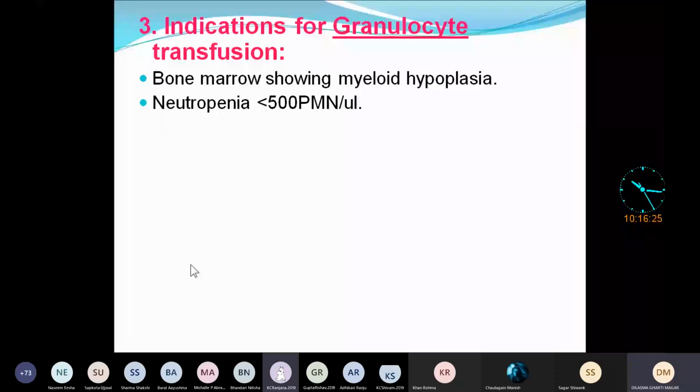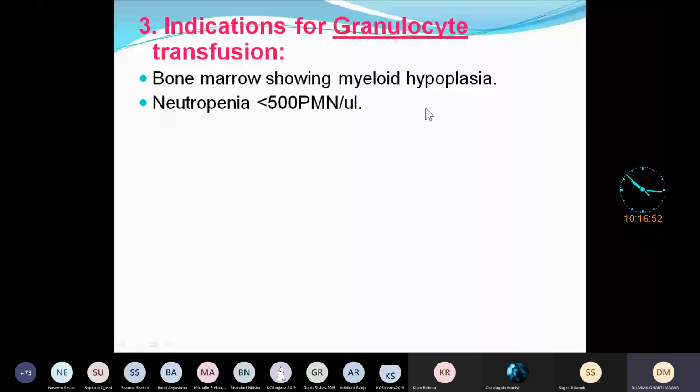Neutrophils, lymphocytes, all these? Isn't myeloid mainly for neutrophils, and eosinophils also come under the myeloid cells, isn't it? So whenever the bone marrow is showing myeloid hypoplasia, it means the myeloid cells are not forming. That's why we'll give the granulocyte transfusion.